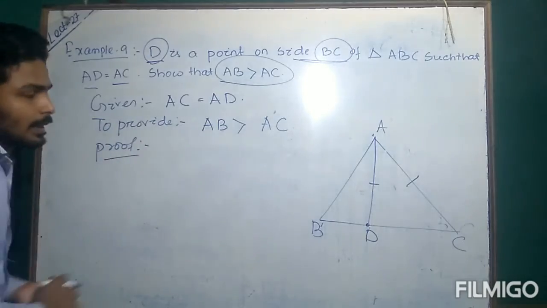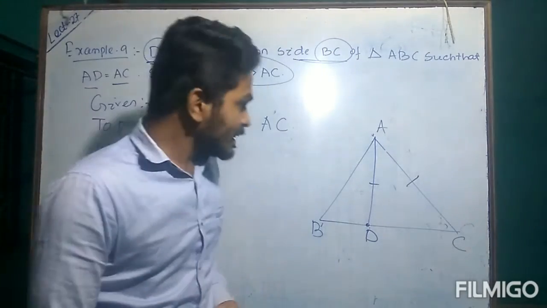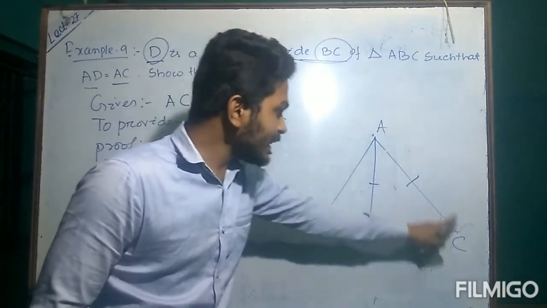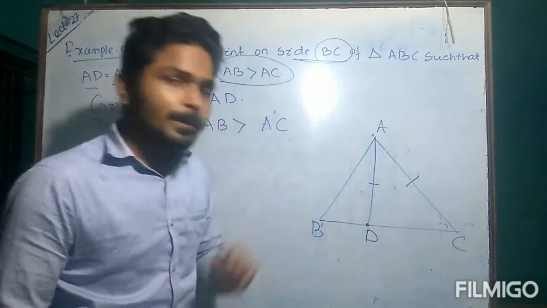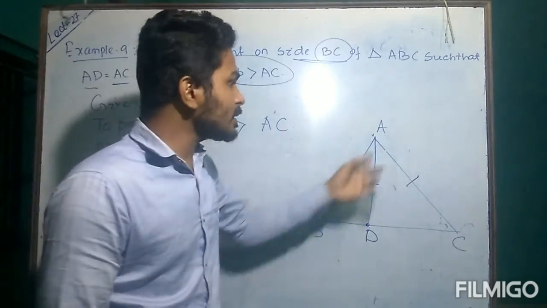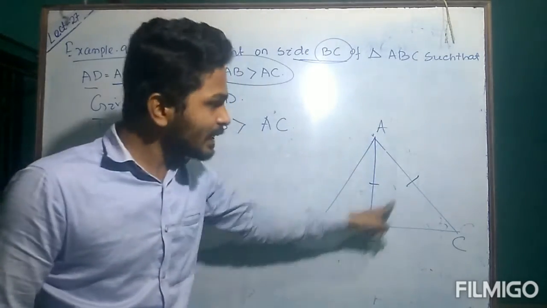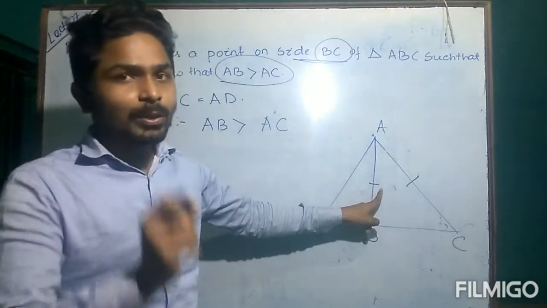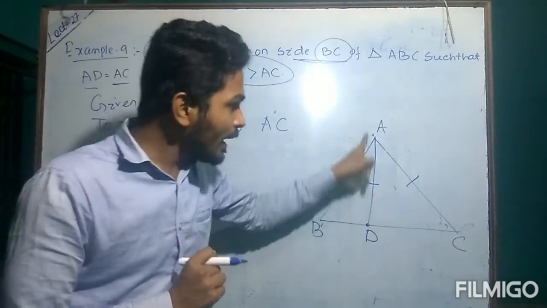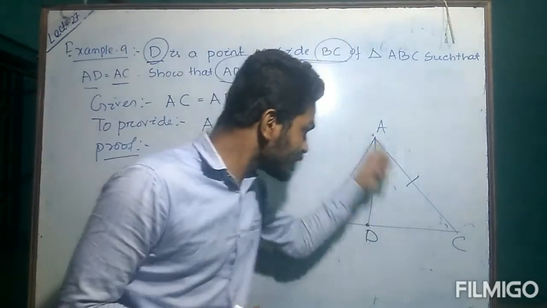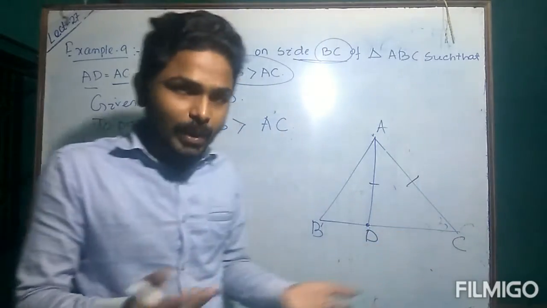Next, let's prove it. How can we prove it? Since it is given that side AC is equal to side AD, if we consider the triangle ACD, then this side is equal to this side. Now according to theorem 7.2, if in a triangle any two sides are equal, then their opposite angles must be equal.